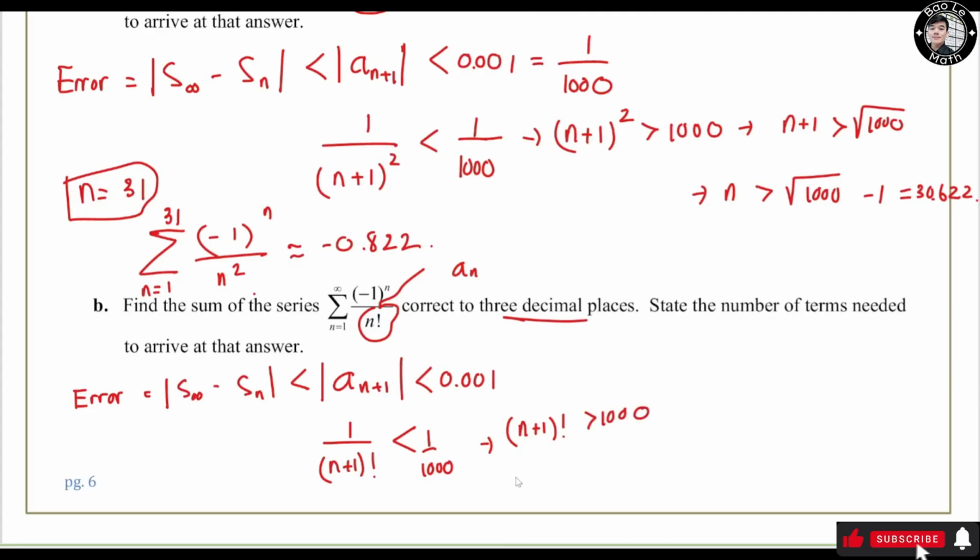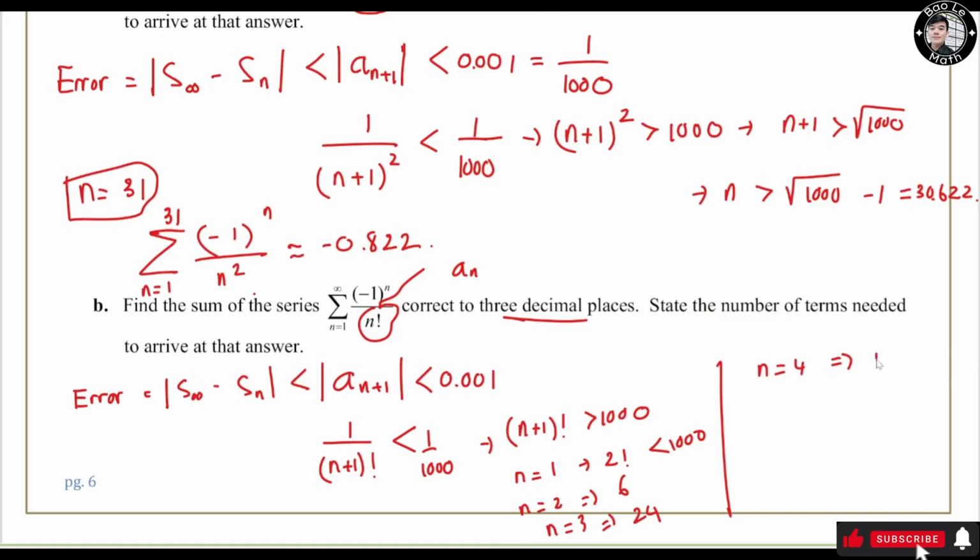Now we're going to test n equals 1. We have 2 factorial. It's less than 1000, right? N equals 2. We have 3 factorial, which is 6, right? N equals 3. We have 4 factorial, which is 24, right? It doesn't work, right? N equals 4. We have 4 plus 1 could be 5.